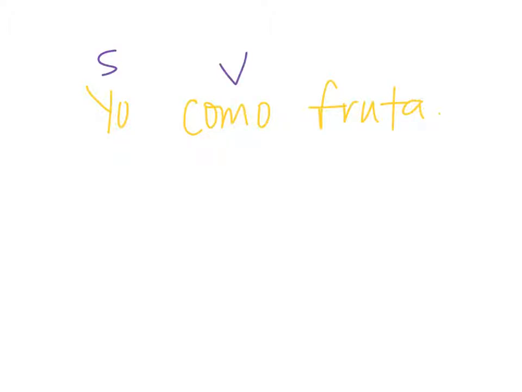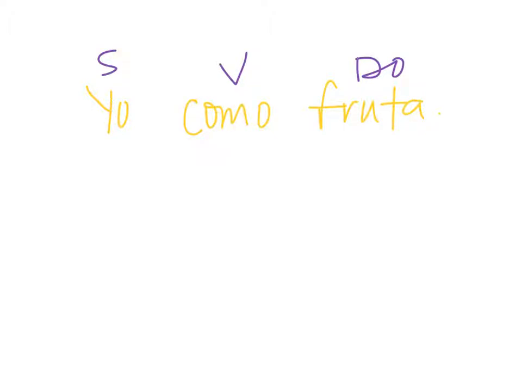So here's a sentence where we would do this. Yo como fruta. Well, my subject is yo, my verb is como, and my direct object is fruta. I eat fruit, right?